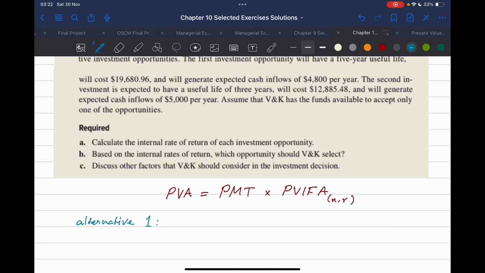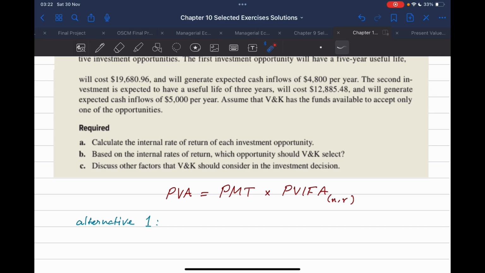For both of these, we're going to have to rearrange our formula. Because we have the present value of annuity and we have the payment for each of these, but we don't know the interest factor, I'm going to divide the present value of annuity by the payment, and that should give me the interest factor.